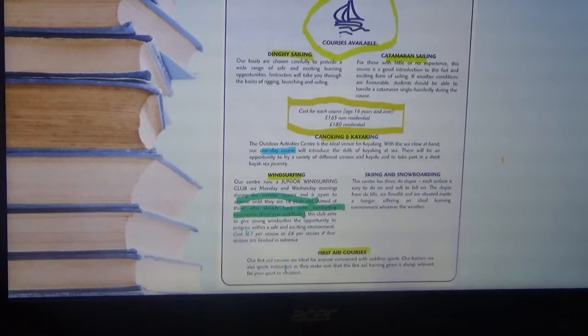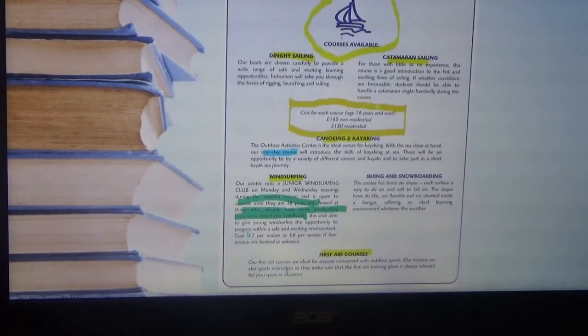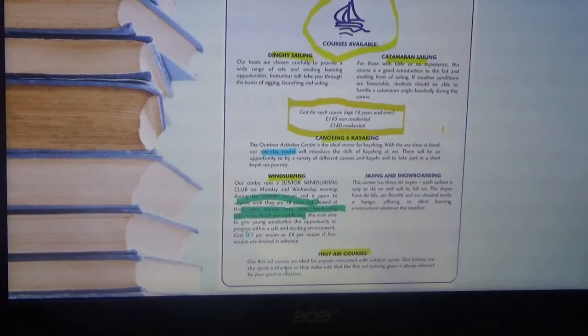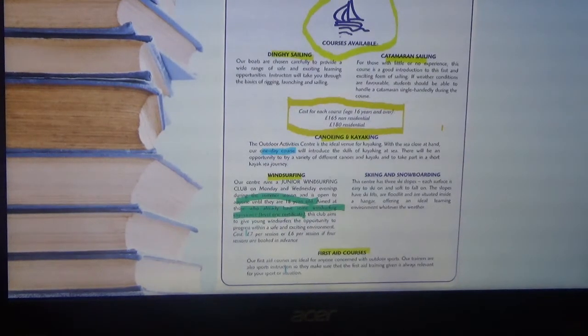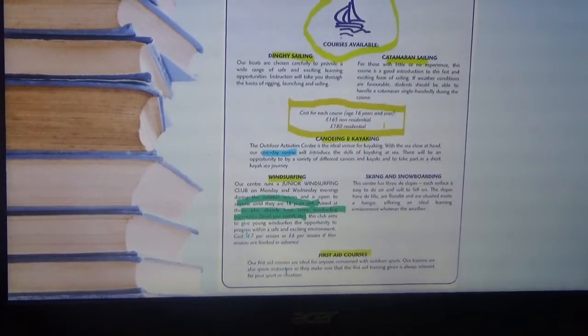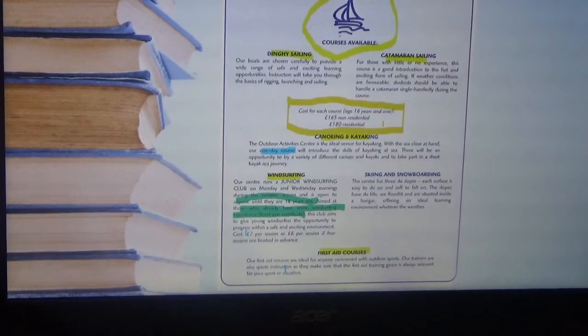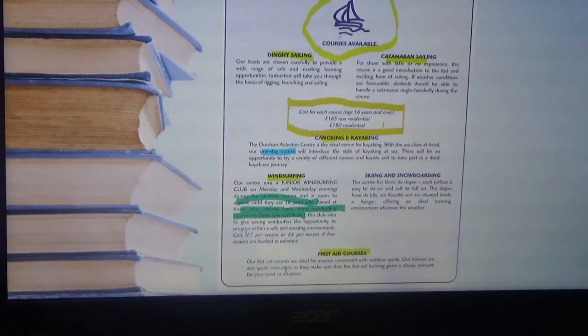So, the cost for each course here will answer the question, letter C, how much does it cost someone staying at the center to learn to sail? So it says here residential and non-residential, right? When we say residential, they are staying at the center. They are residents. Yeah, they are registered to stay at the center while taking up the course.